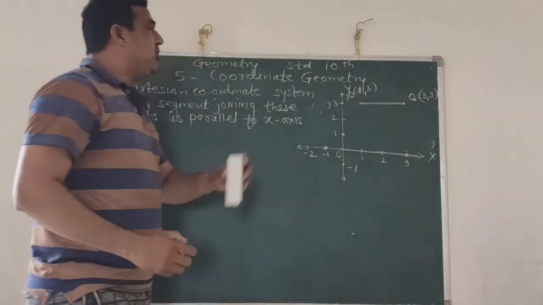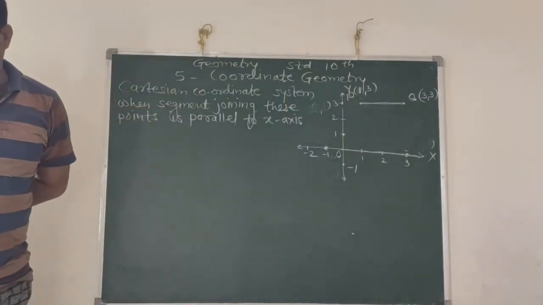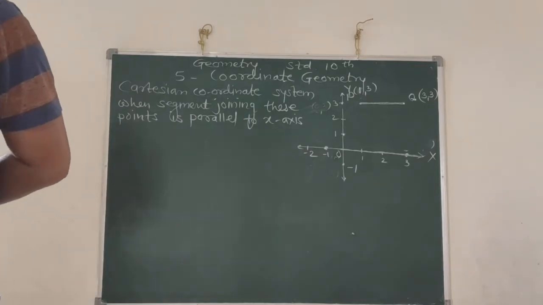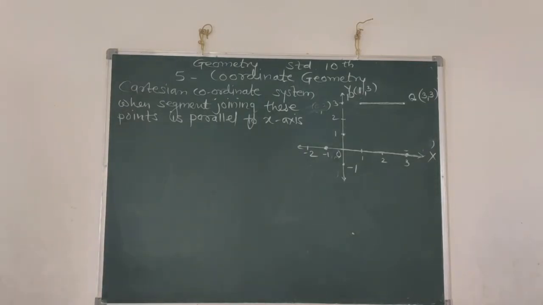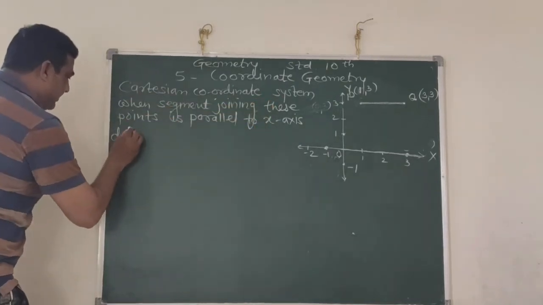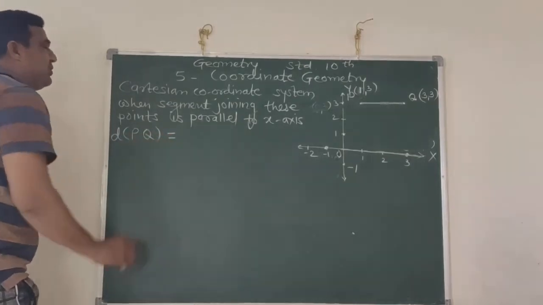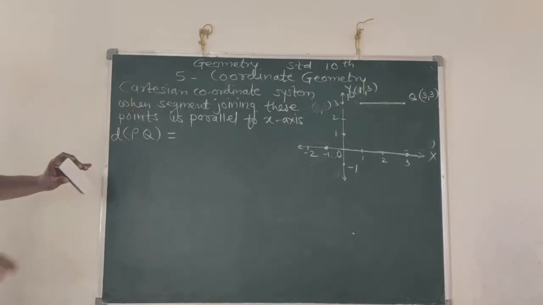Now I want to find the distance between points P and Q. So when it is parallel, in that case you can find the distance between points P and Q. You can say distance PQ, segment PQ or only PQ, same thing.